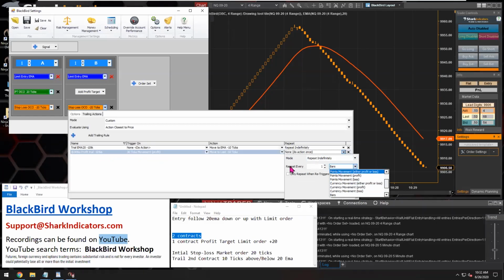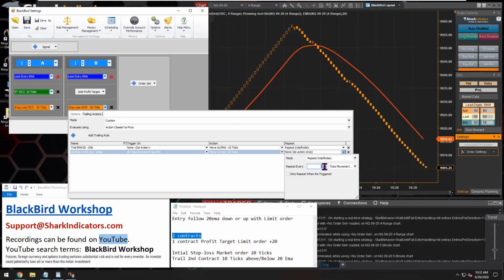So we're going to adjust the repeat every, there you go, ticks of movement. So for every one tick of movement that the price makes, this rule will evaluate itself and possibly move the stop loss, obviously if price keeps moving in the right direction.